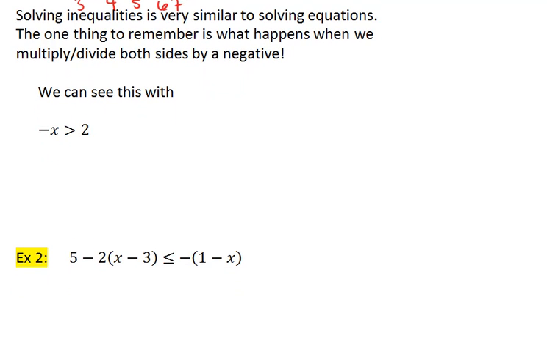When we solve inequalities in general, it is very similar to solving equations. The one thing you must remember is what happens when we multiply or divide both sides by a negative. For example, we know if we have negative x is greater than 2, well, that means we want to be at least 2 values up from 0.